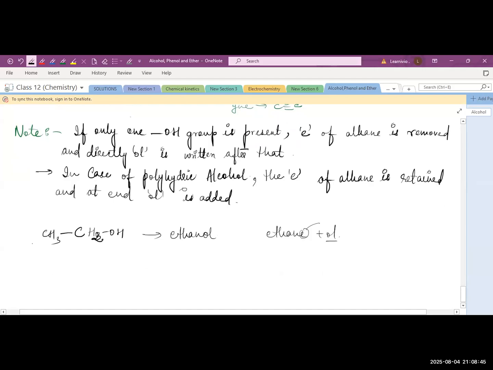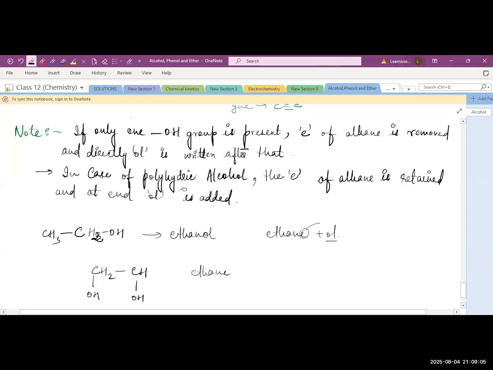But if there are two OH groups, suppose I take the same example I gave you, and two OH groups are attached, what will be the IUPAC nomenclature?